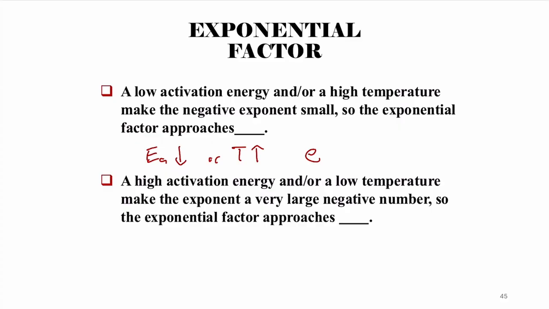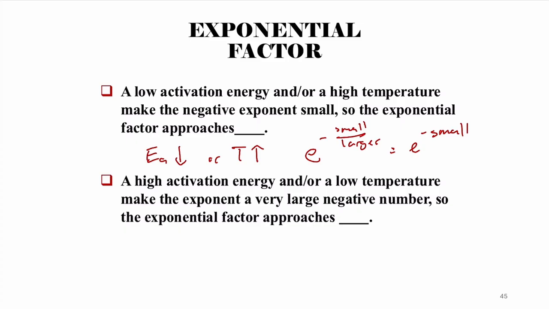We have something like E to the minus something small divided by something large, right? And if you have something small divided by something large, how will that number be? Small or large? Small, right? So that's going to be something E to the minus small. And if something's small, that means it's getting close to 0. That's another way of saying that.